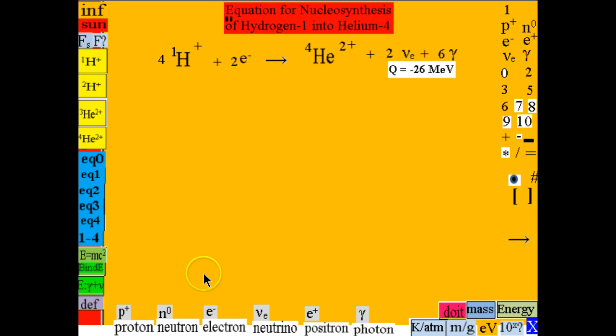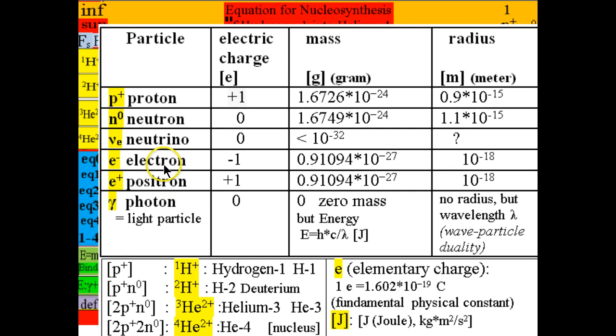I think one of the most amazing phenomena was the annihilation of an electron and a positron. And we know that an electron and a positron have the same mass. You can see that here.